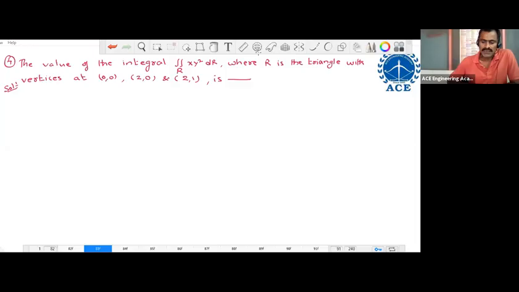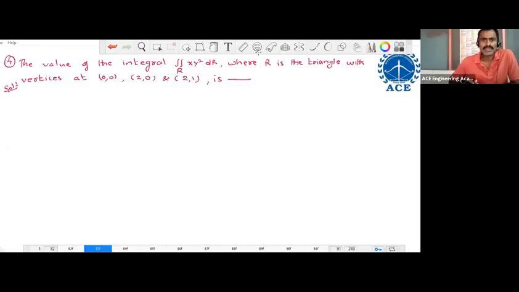What is the difference? In the first problem limits were given, in the second problem limits were given, and in the third problem also limits were given along with the integral. But in this problem limits are not given.